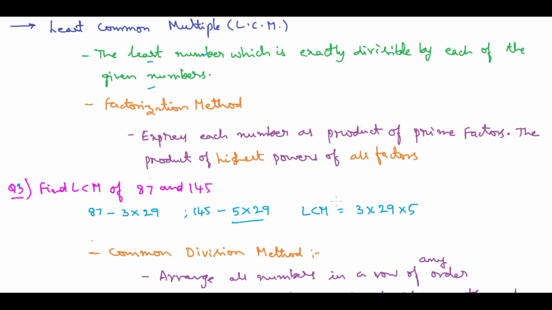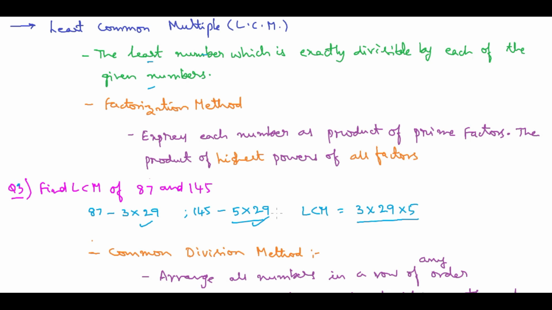Now you can see this number is divisible by 3 into 29, similarly it is divisible by 5 into 29, and this is the least number. I can't make a smaller number which is exactly divisible by both of them. So this is the problem.